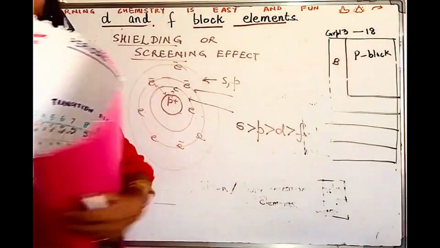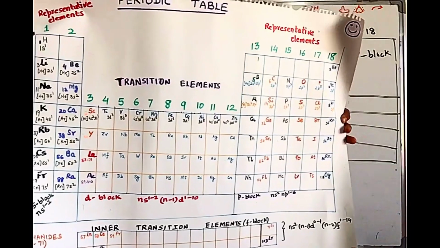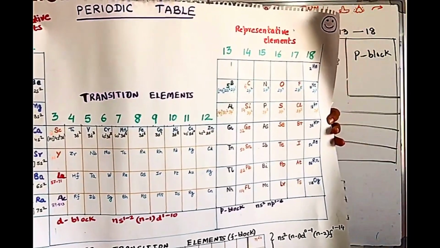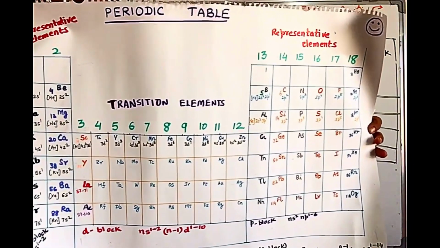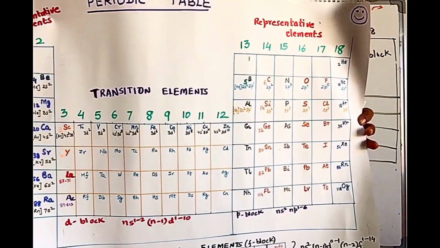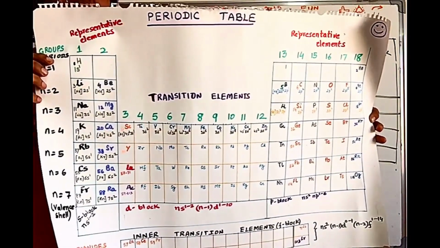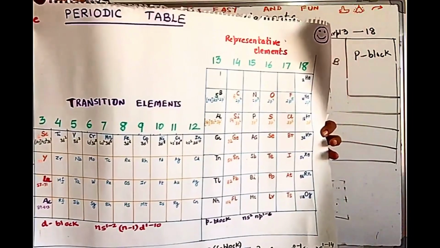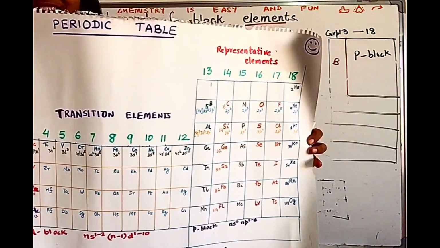Just keep it handy so that whenever I refer to an element, you are able to quickly see it, because I will not be able to put this on the board while I am teaching. I need this help from you. Please write the elements with their electronic configuration and keep your periodic table handy. By the way, it will come in useful when you are doing the P block elements as well. So why not just do it?